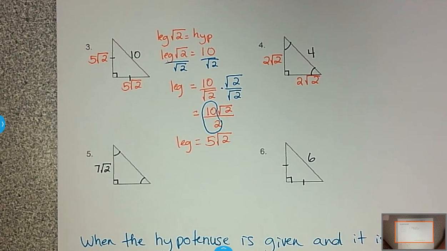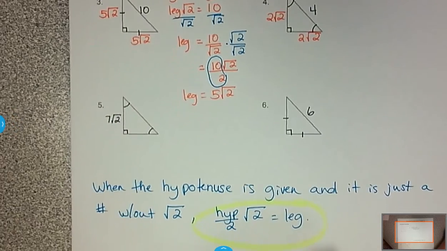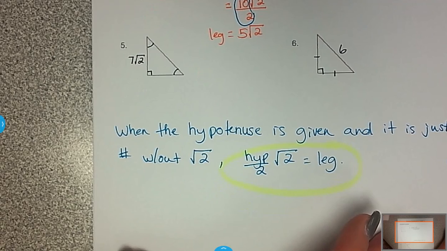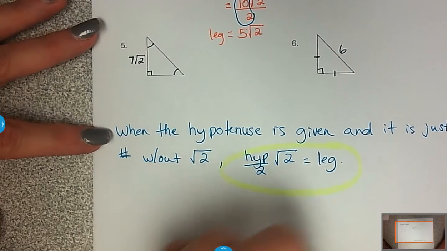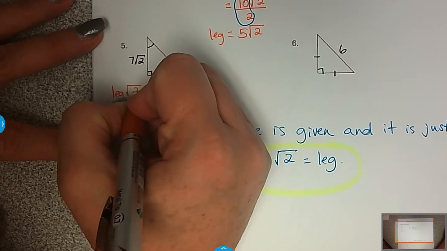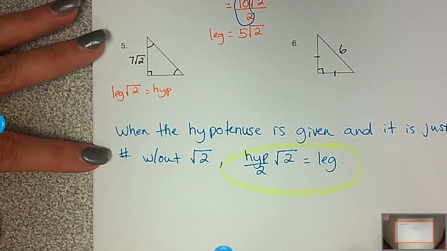So now for number 5, they give me a leg, and it's got a square root of 2 on it. None of the others we did looked like that. So remember, you're just going to take the leg times the square root of 2 to get the hypotenuse.